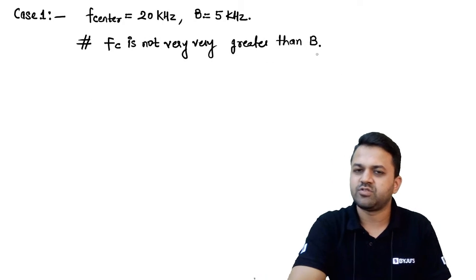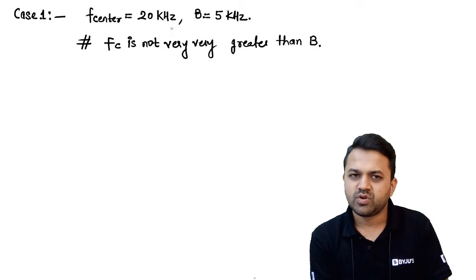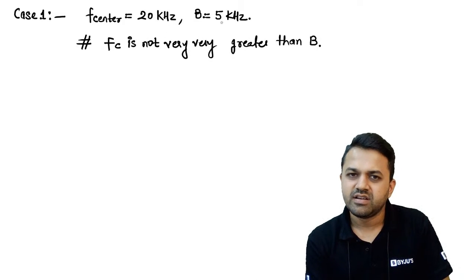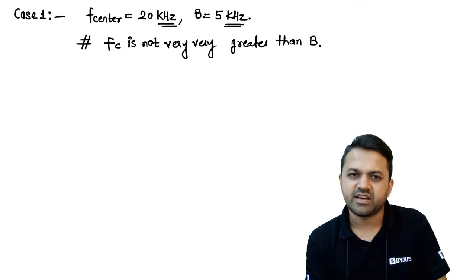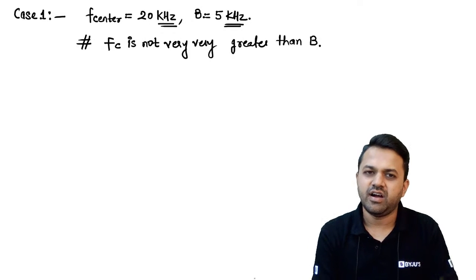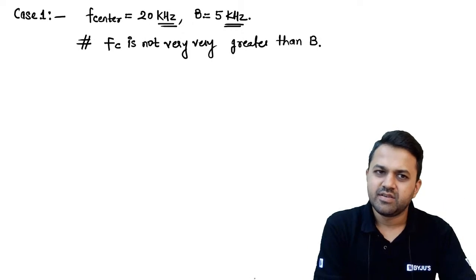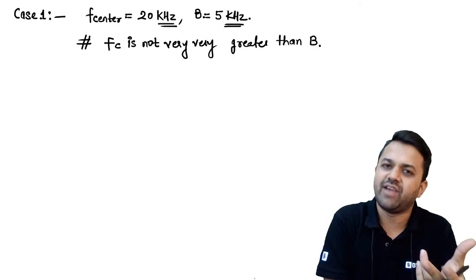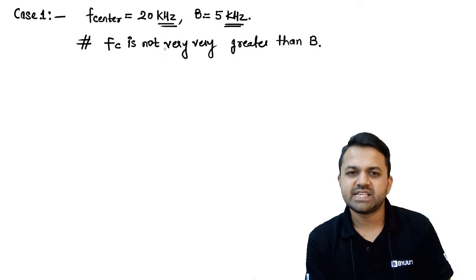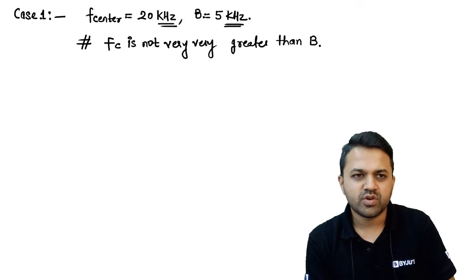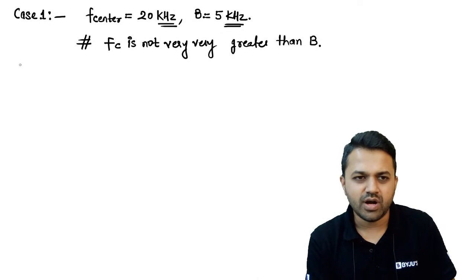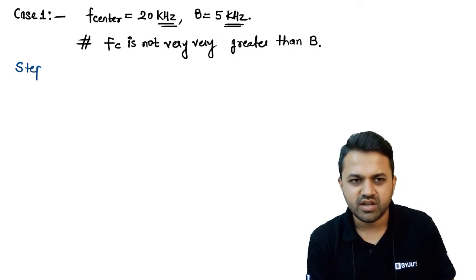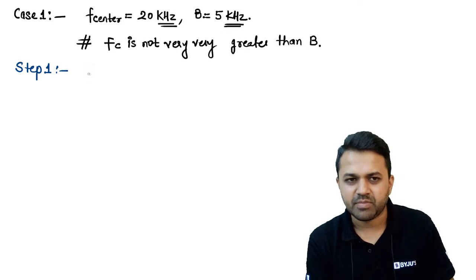Both are in kilohertz, and the factor by which they differ is only 4. The center frequency is only 4 times the bandwidth, which is not a very high value. So in such a case, you have to apply the 3-step procedure to calculate the sampling frequency.